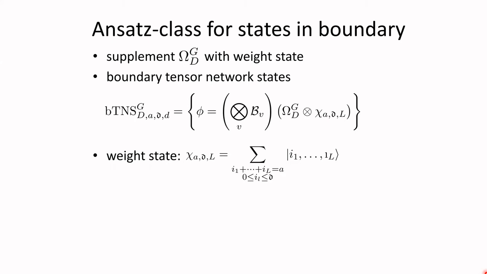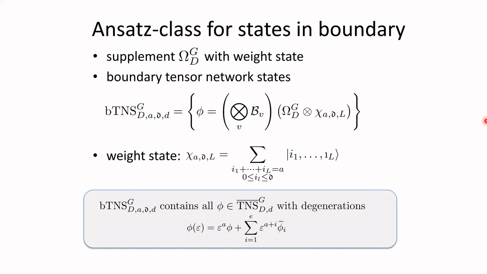This is a set for fixed bond dimension, fixed approximation degree, maximal error degree delta, and physical dimension D. This is the set of all phi that we can construct by applying local linear maps B_V onto the network of maximally entangled states, tensor the corresponding weight state chi. And as we have seen on the previous slide, this set BTNS actually contains states from the boundary of the tensor network variety, namely if the underlying degeneration with its parameters satisfies the conditions that we just discussed.